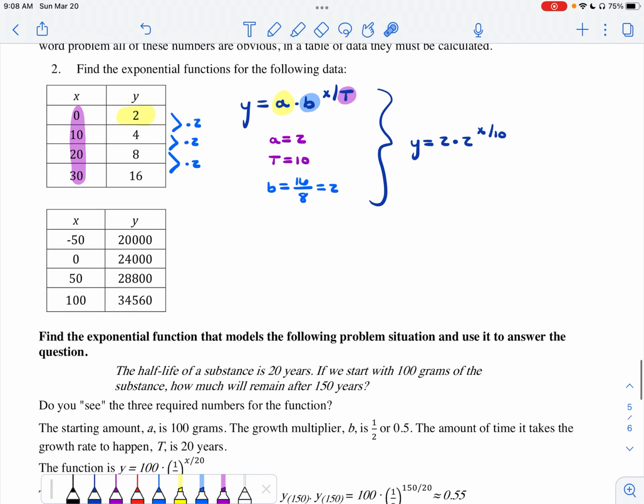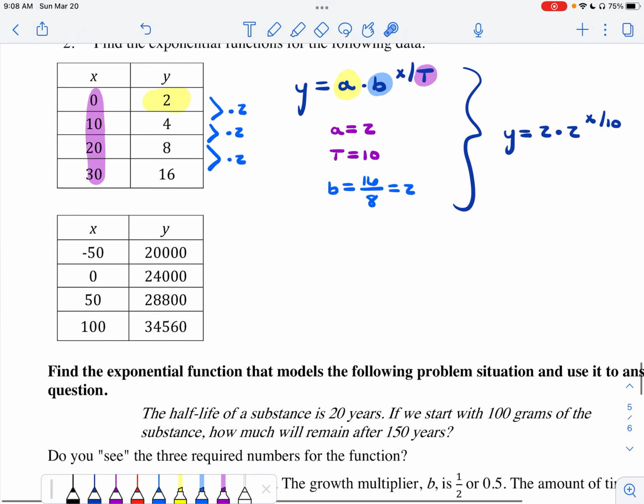All right, let's do the same thing for this next one. Let's start by looking for our a value again. That's always just where our x is equal to 0, so our a would be equal to 24,000.